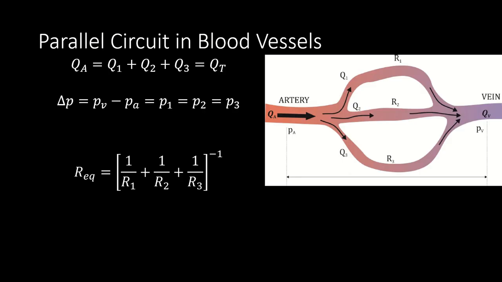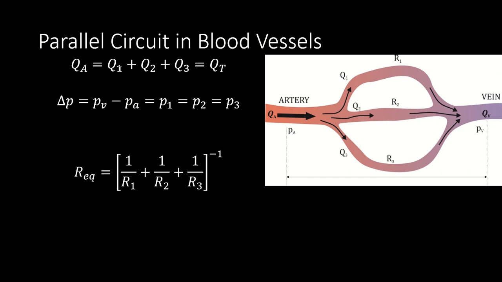Now then, let's look at parallel circuit blood flow vessels. This can be seen in the capillaries, the region between an artery and a vein, where blood vessels branch off in multiple areas to help fuel cells. If we want to look at our arterial volume flow rate QA, for parallel vessels, that's just like having a parallel circuit when it came to current.